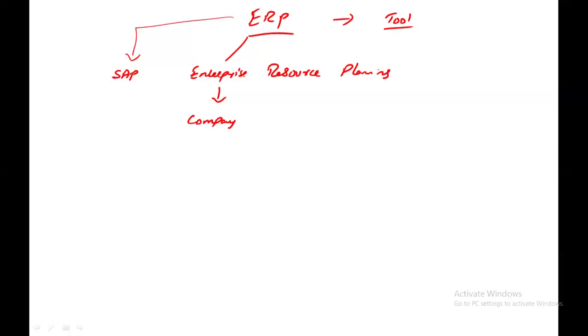So you need to just understand ERP is nothing but a planning tool. Under this ERP, there are a lot of planning tools. SAP is one of them. So for example, we have SAP, we have Oracle, we have Tally, we have Microsoft Dynamics. So these all are the planning tools.